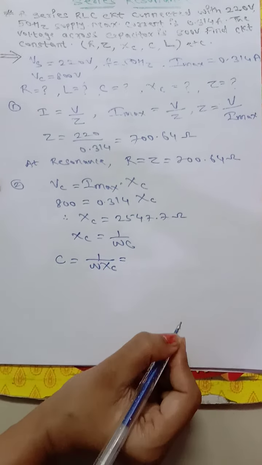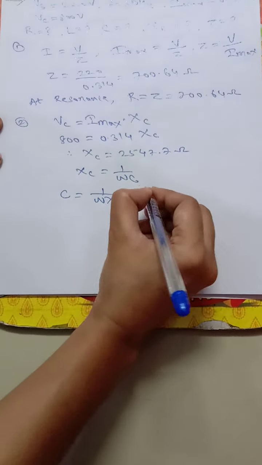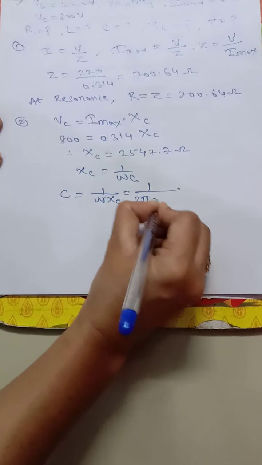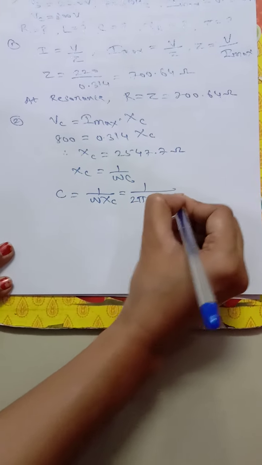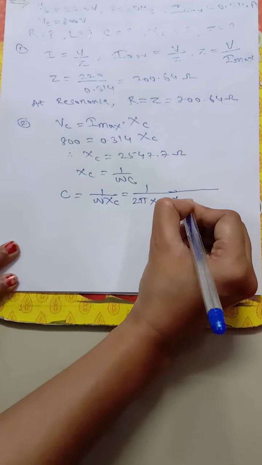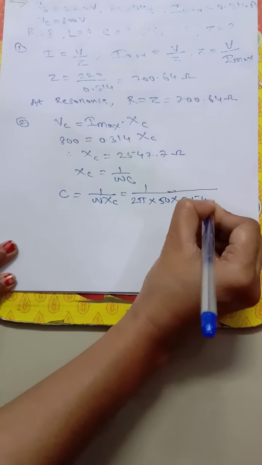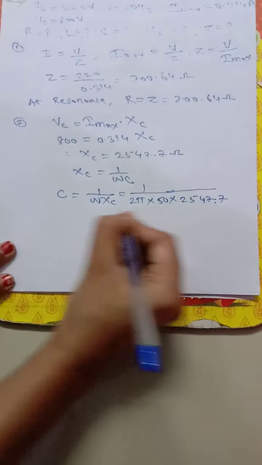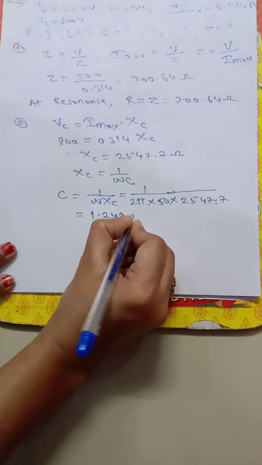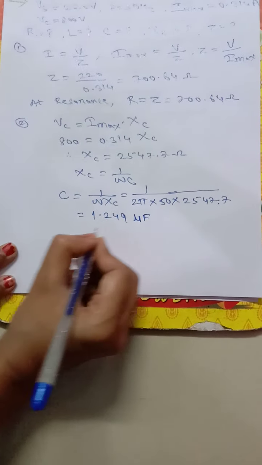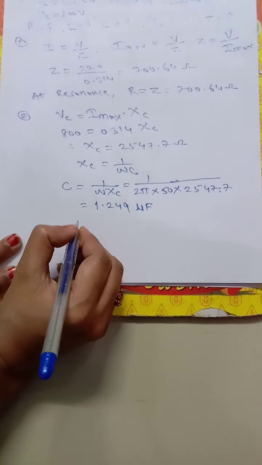So what is my omega? My omega is 2 pi into F, where F is 50, the resonance frequency. And XC is 2547.7. So in this way the capacitor will be 1.249 microfarad. You can cross verify this answer with the help of the calculator.